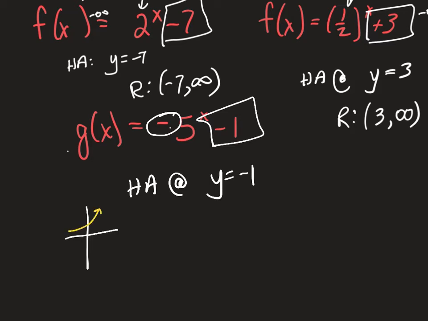But since there's a negative in front, that means it's really flipped downwards. So what does that affect? That affects my range. If this is negative 1 right here, what is my range? Is it negative infinity to negative 1? Or is it negative 1 to positive infinity? Where does it exist? Good. Negative infinity to negative 1.